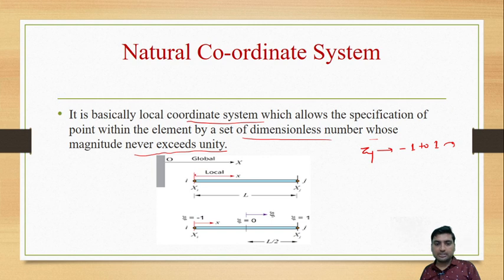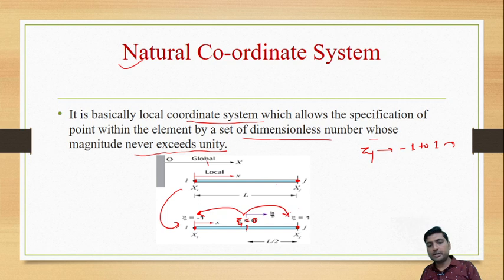Suppose we have this local coordinate x1, x2, like that, we have this two noded bar element here. If you want to convert this into a natural coordinate system, what happens? Same, two noded. At the center, let's take zeta equal to 0, then from here to here is unity and from here to here is unity.